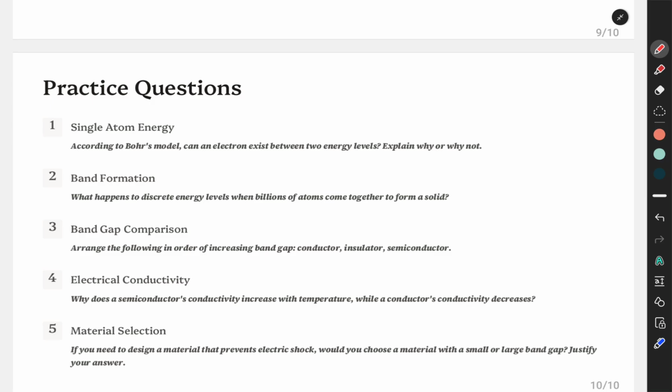Here the first question says, according to Bohr's model, you have seen Bohr's atomic model in our earlier classes, can an electron exist between two energy levels?